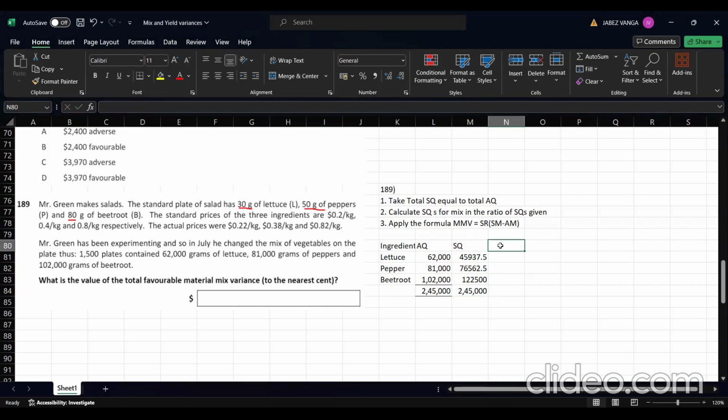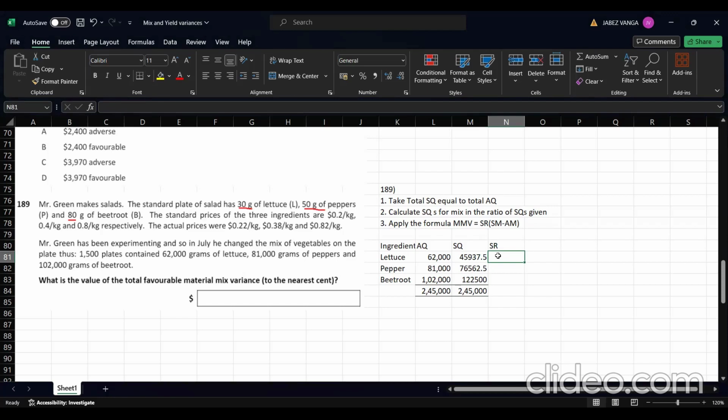Standard rates. Write the standard rate. The quantities are mentioned in grams, but standard rates are given per kg. In a kg, there are 1,000 grams. So now we need to be careful while writing the standard rate. Standard rate is given as 0.2 per kg.